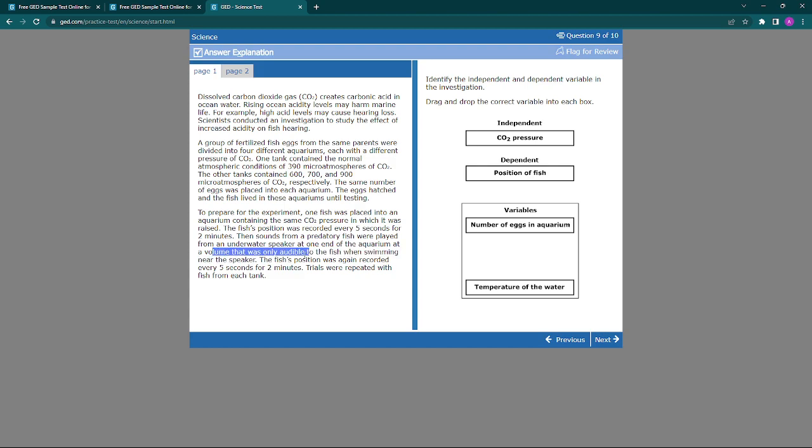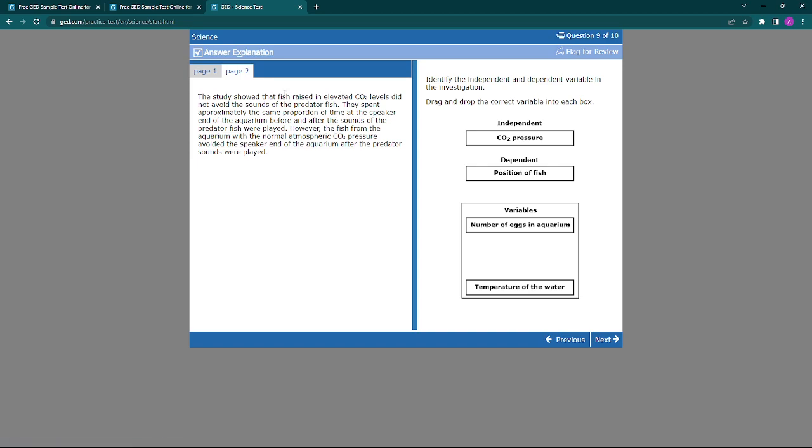Right now here the conclusion. They did not avoid the sound. You can just double check to be sure. Levels did not avoid the sound of the predator fish. So this means any of the raised CO2 levels. Even there, we can highlight that and read that. So the levels did not avoid sound.